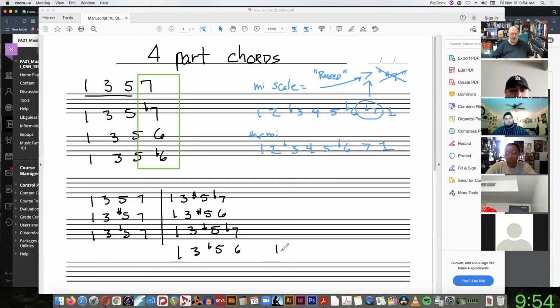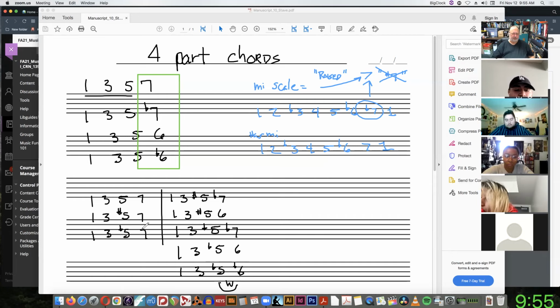And again, if we go 1, 3, well, we have room there because those are two different notes, aren't they? 1, 3, oops, flat 5. I can get away with this one because these notes are a whole step apart, right? Yeah? Okay.